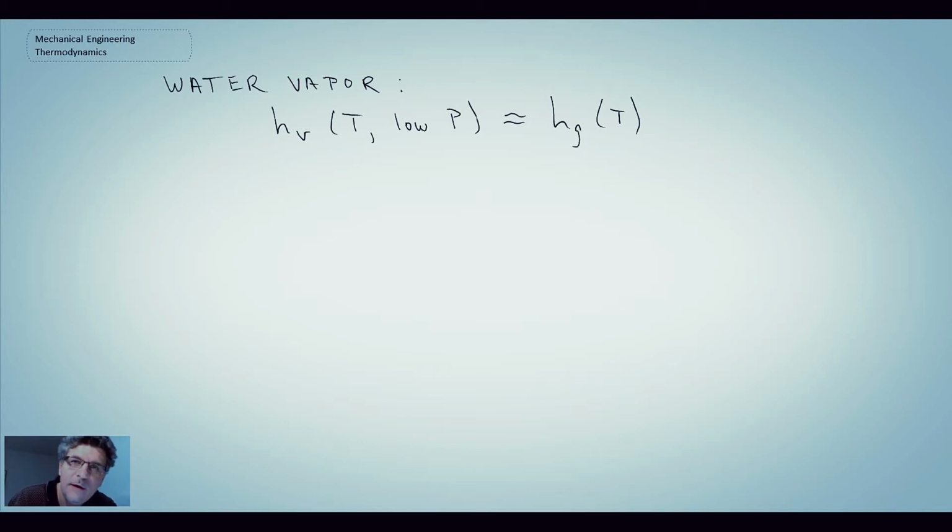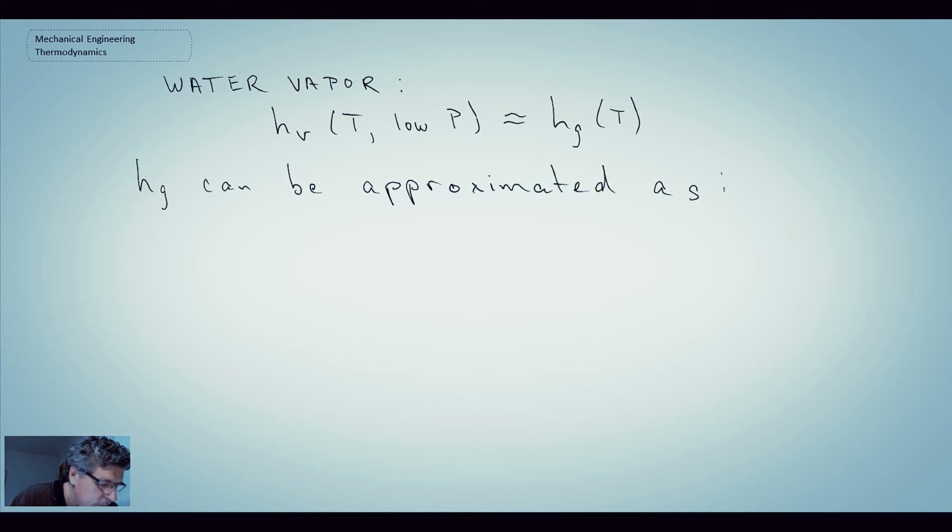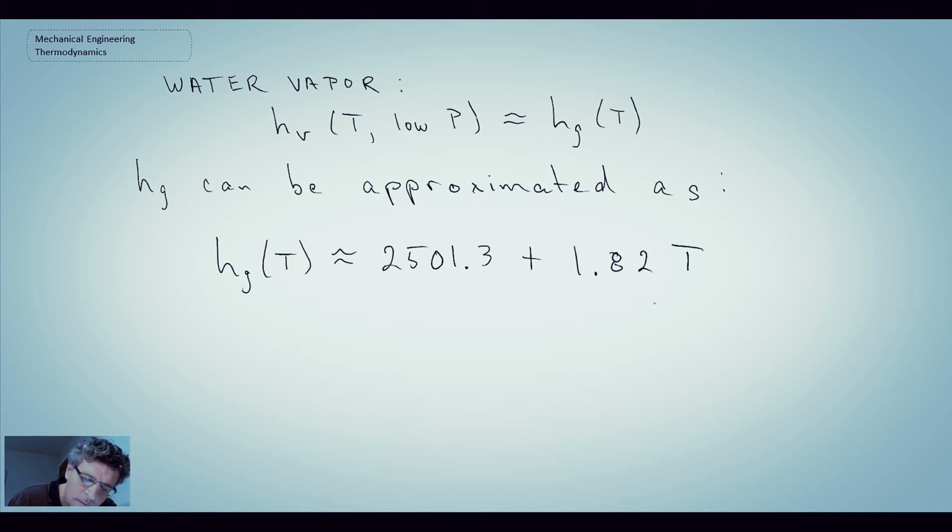And if you look in your book, it would vary from book to book, but the value of Hg can be approximated with this equation here, and this is again in degrees C, and the units of this are kilojoules per kilogram.